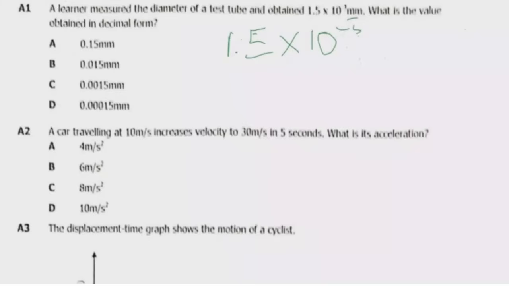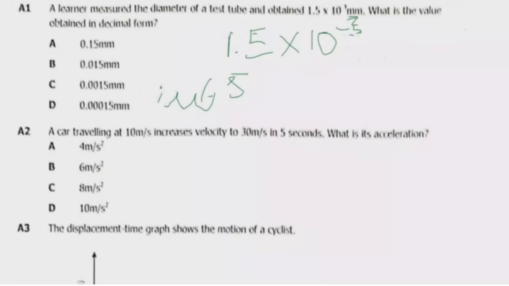What we need to understand is that when we write 1.5, the point is here. The -3 is telling us that the point should move 3 places going to the left side. So it's more or less like 1, 2, 3.